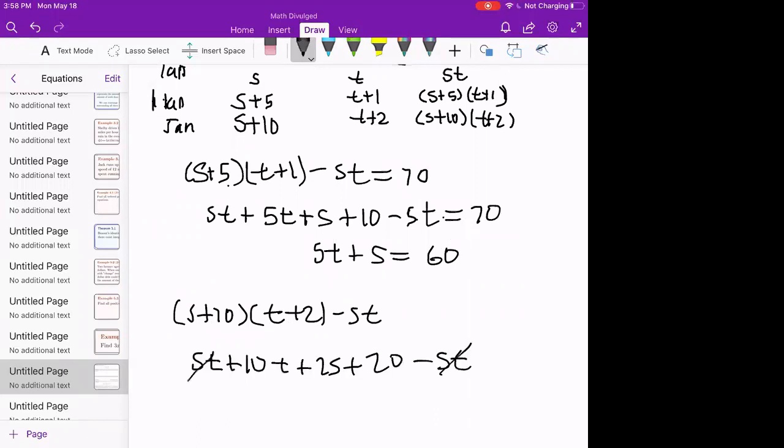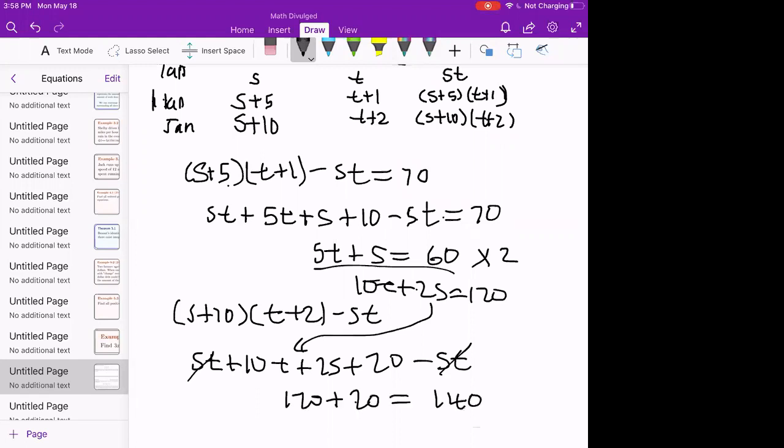And we already know that 10t plus 2s is equal to 120, because if we multiply this by 2, we get that 10t plus 2s is equal to 120. So if we plug this in here, this gives us 120 plus 20, which is equal to 140. And that is our final answer.